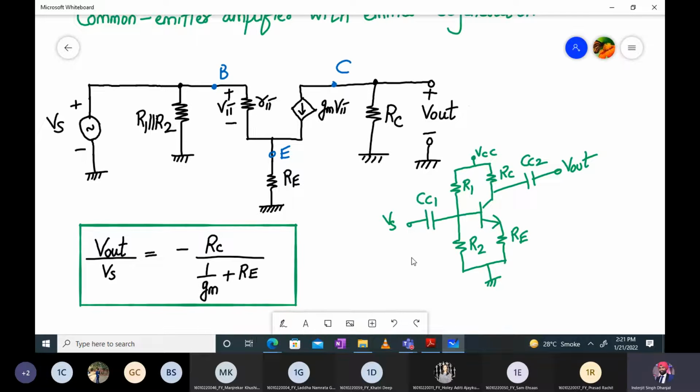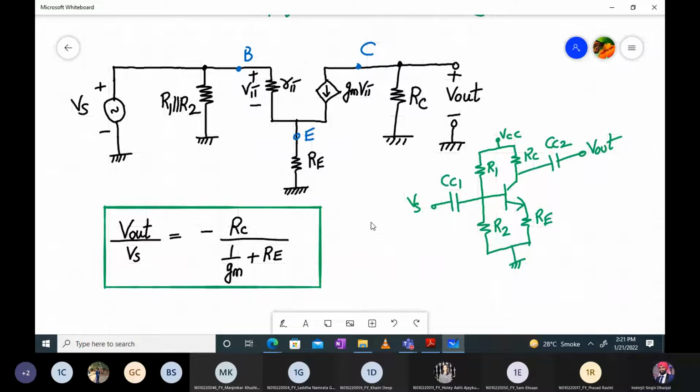This BJT amplifier which we have drawn doesn't include RSig, and it doesn't have a load.